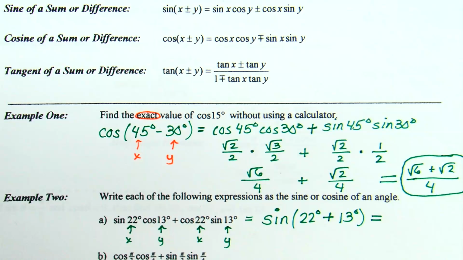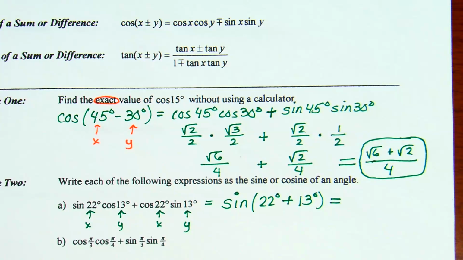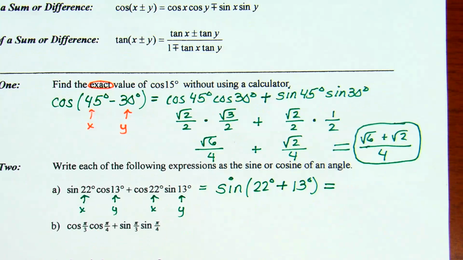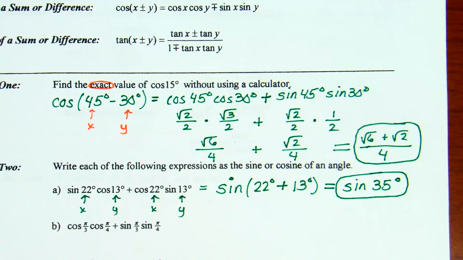Don't pick up your calculator, but rewrite. What is sine of 22 plus 13? 35. Sine of 35 degrees. No calculators. I don't want to know what the sine of 35 degrees is. I want to know sine of 35 degrees.